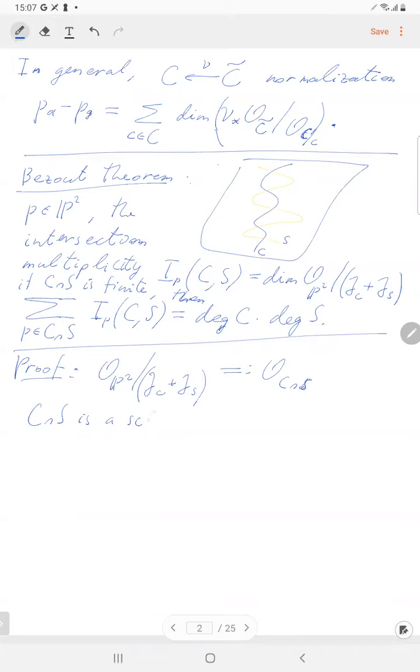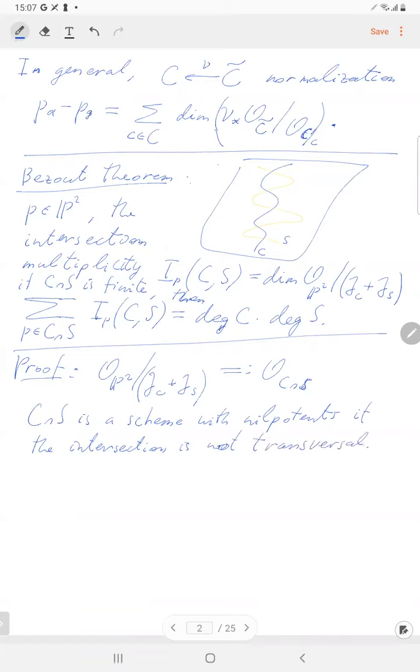Is a scheme with nilpotents if the intersection is not transverse.